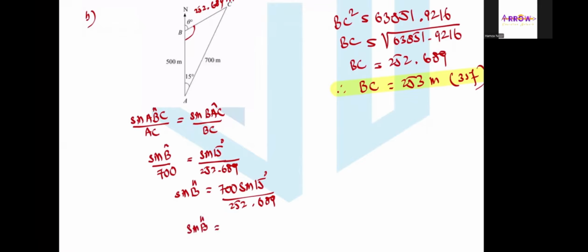Put this complete thing in your calculator: 700 sine 15 divided by 252.689. This turns out to be 0.71698.